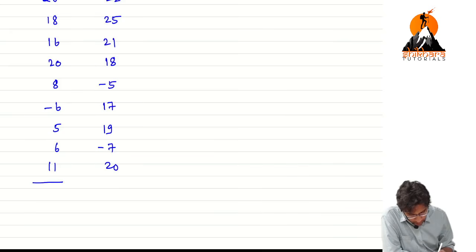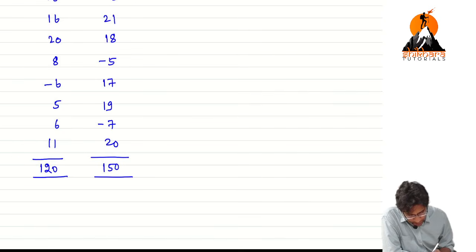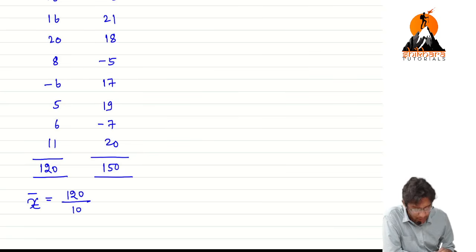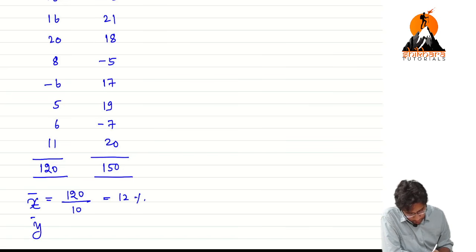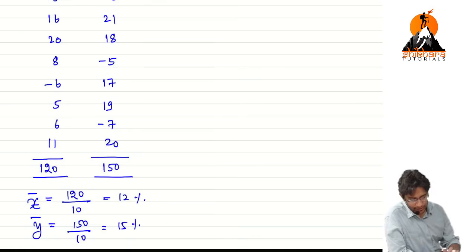Okay. First column total, second column total. First one is 120. This is 150. So x bar is equal to 120 divided by 10, the past 10 years' average. So that's 12%. Y bar is equal to 150 by 10, that's 15%. X bar, Y bar ready.